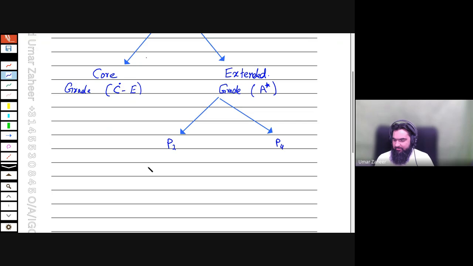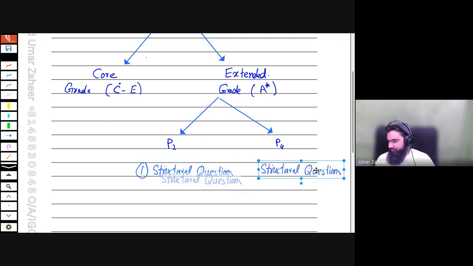Like, in paper 2, you have structural questions, and in paper 4, you have structural questions as well.